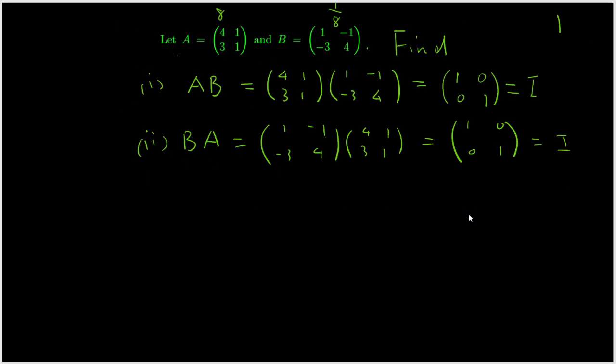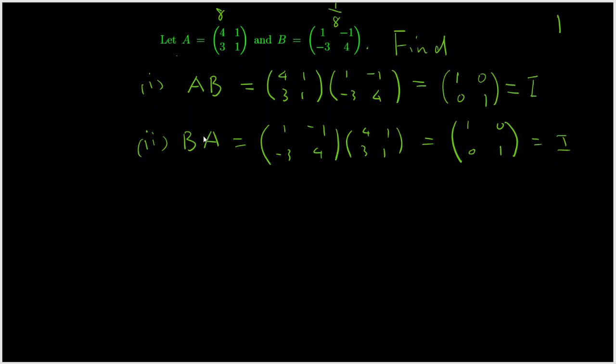Okay. Now let's go back to the question we just did. You imagine I just gave you A, the matrix A. You imagine you can find a matrix B. Now you can see AB. I told you to multiply two matrices in both ways.